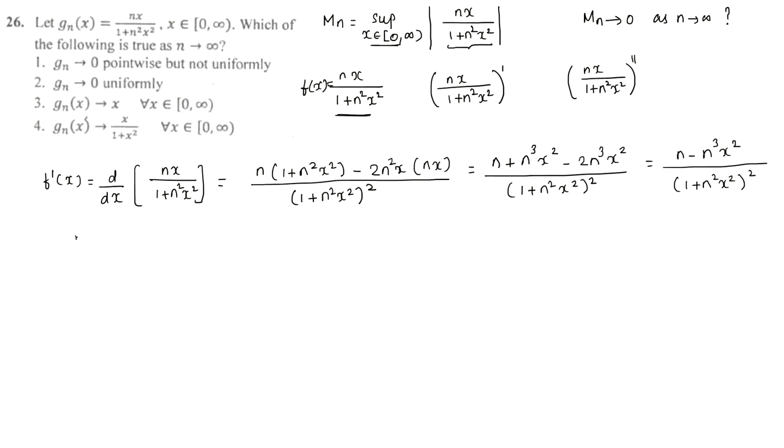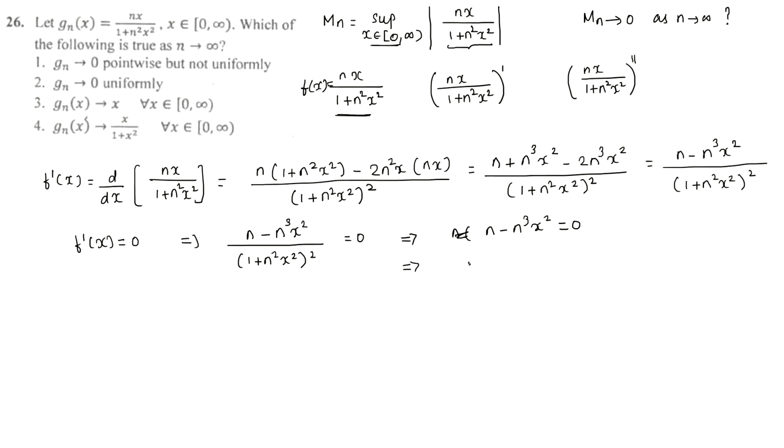So when we equate f dash of x equal to 0, we will be having n minus n cube x square by 1 plus n square x square whole square equal to 0, and this gives n minus n cube x square equal to 0.